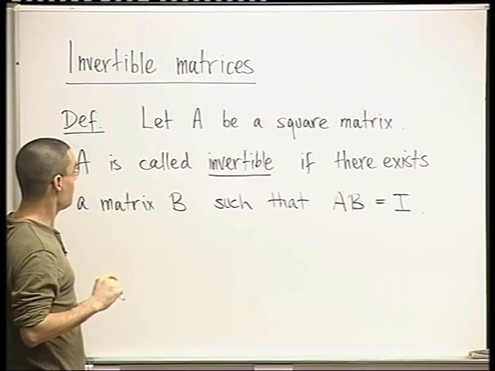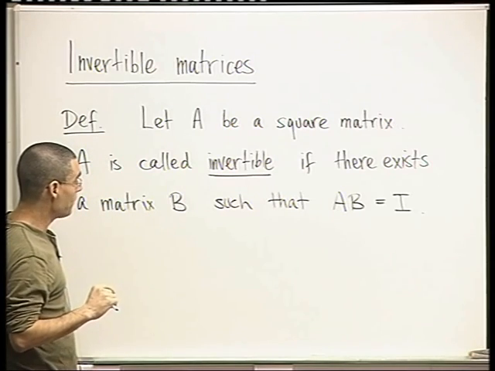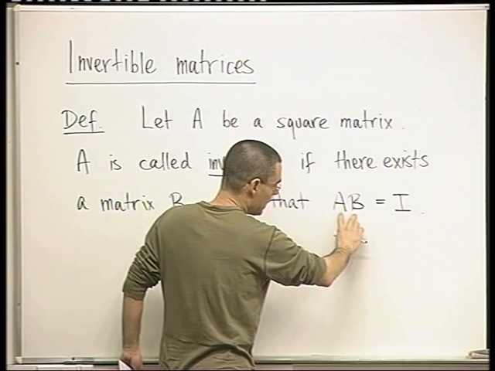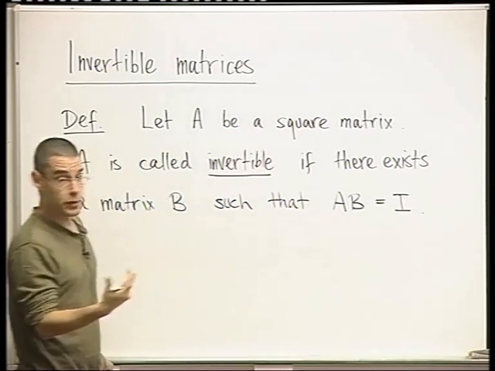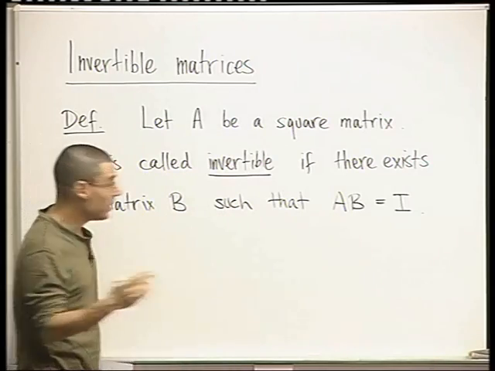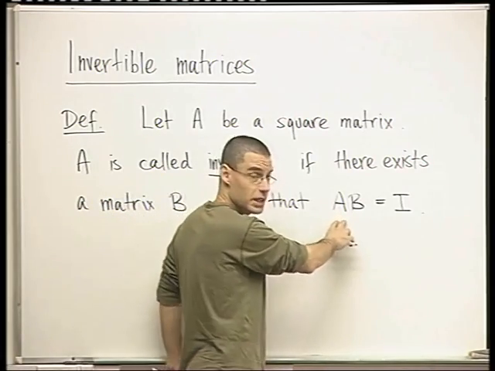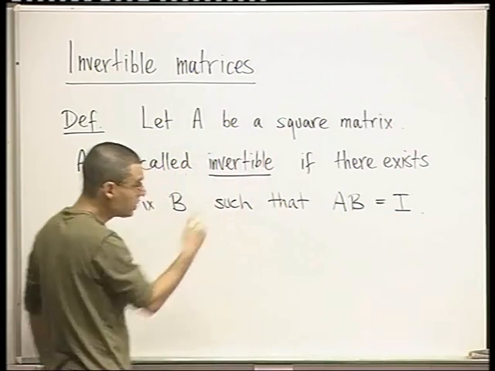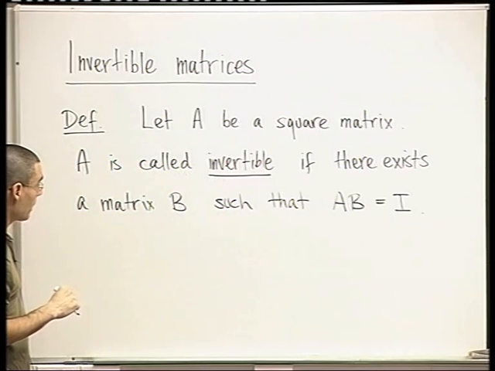Okay, so that's the definition of an invertible matrix. And you can see that it's just like we had inverses for multiplication in any field that we discussed, right? What is an inverse? An inverse is something that you multiply by and get 1, right? So this is kind of the same idea, okay?